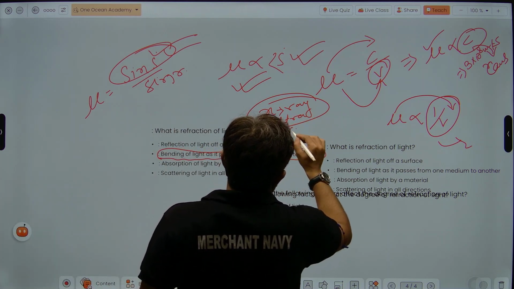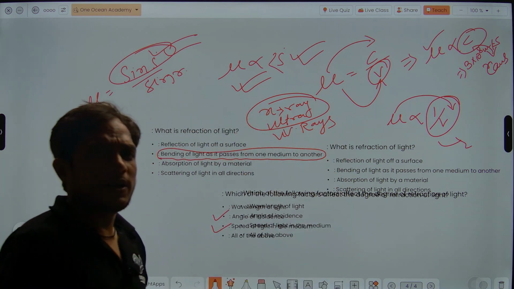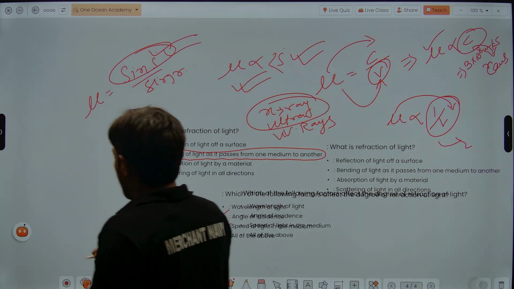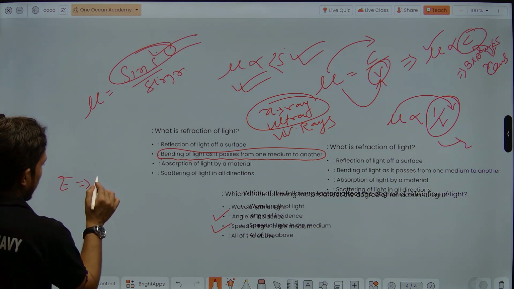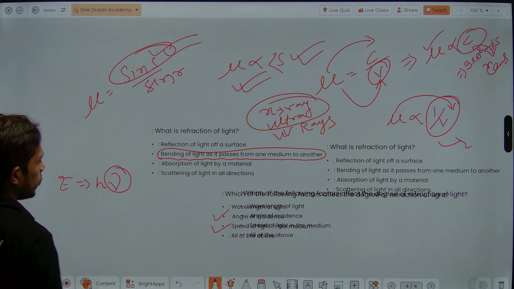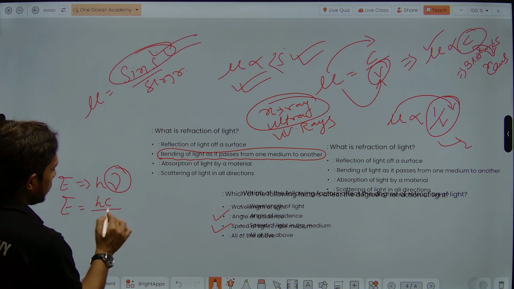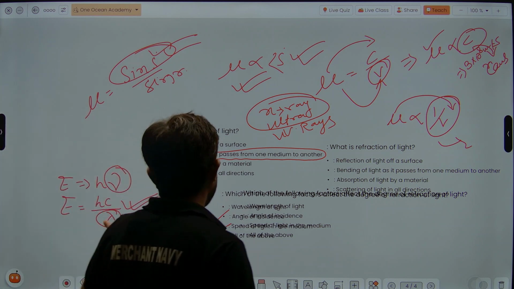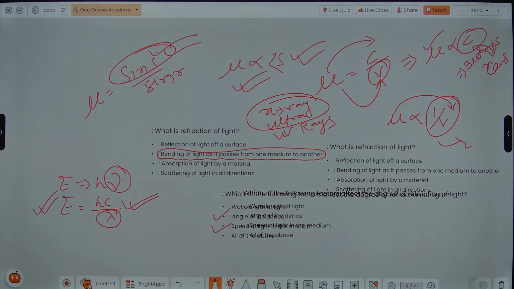Different rays have different wavelengths, and we know that E is equal to h mu, or E is equal to hc upon lambda. It is not from the class 10 topic, but I will try to make it simple so that you can understand it easily.